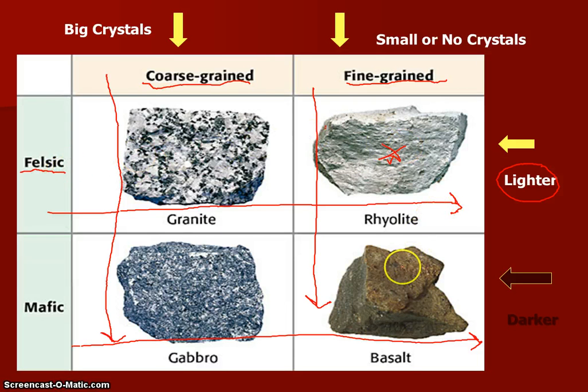We have basalt right here, which is a fine grain mafic rock. We have granite, which is coarse grained and felsic, and gabbro, which is coarse grain and mafic. So that kind of concludes our description of rocks based on their grain size and composition.